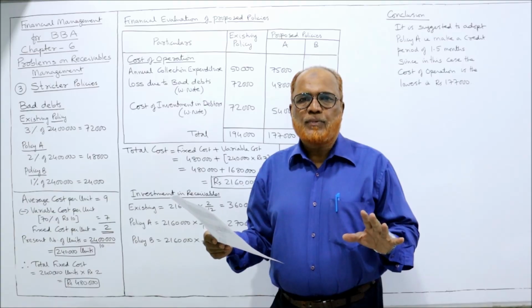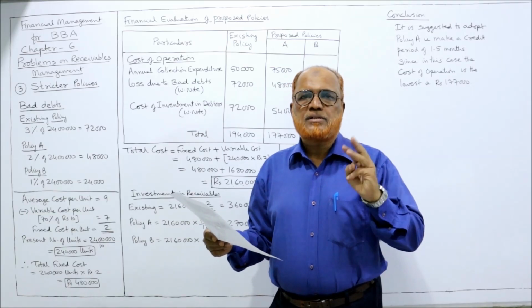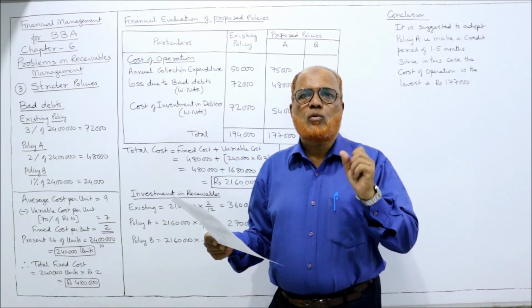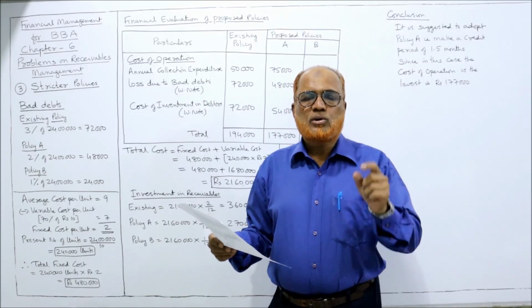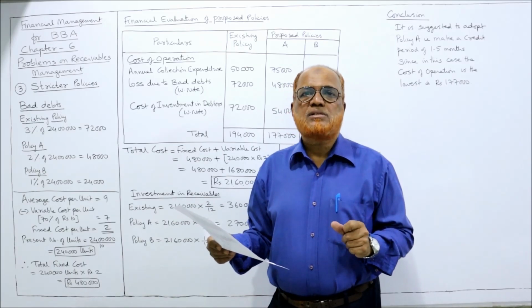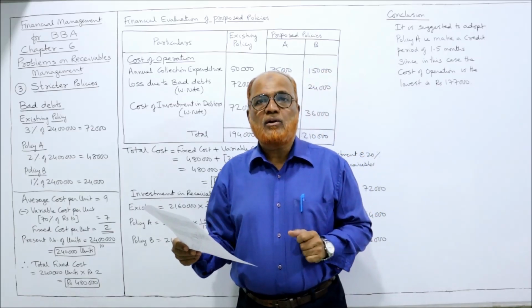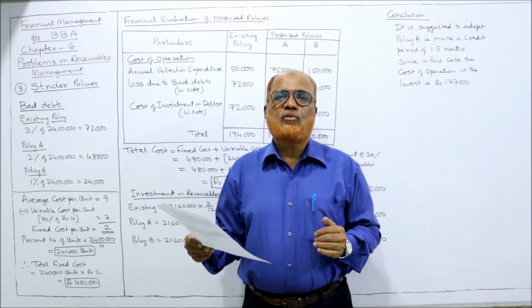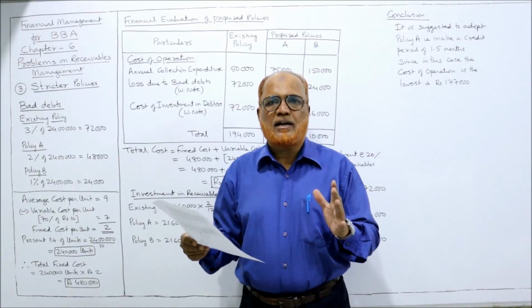Presently 2 months credit period is given, 3% is the bad debts, and the selling price per unit is 10 rupees. In that, variable cost is 70%, so 70% of 10 rupees, 7 rupees is the variable cost. And average cost is 9 rupees per unit, right? And the company wants a return of 20% on investment. That is the present data.